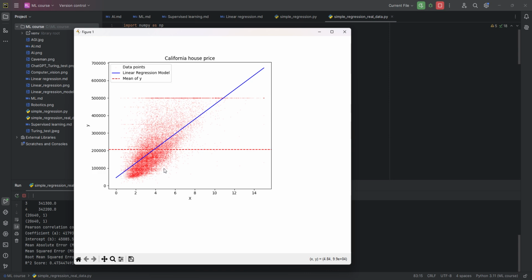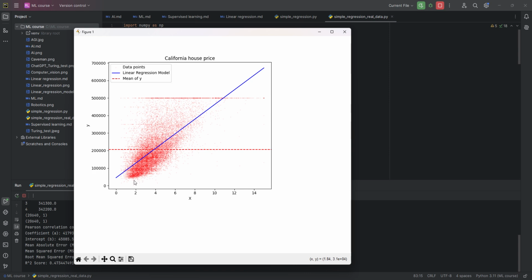And the first thing that you're going to notice here is that the density of points is not as smooth as the previous synthetic graph.